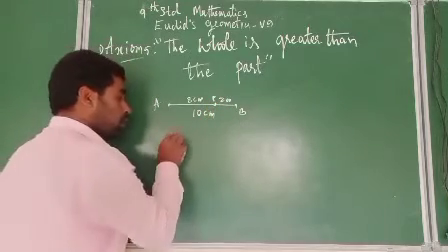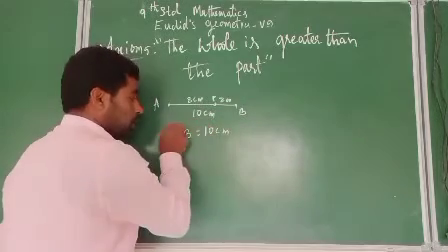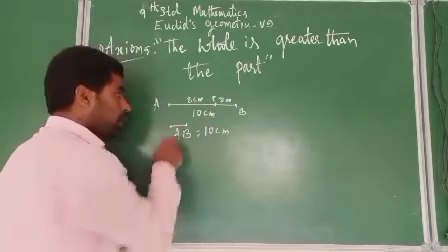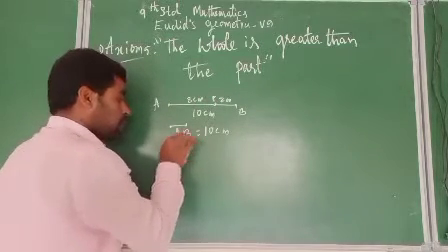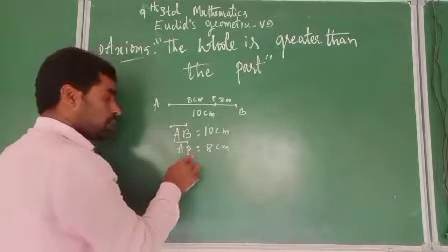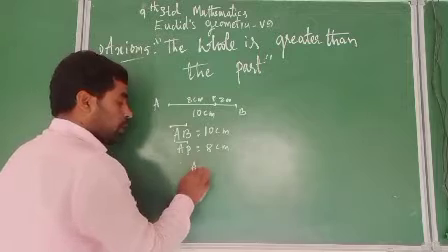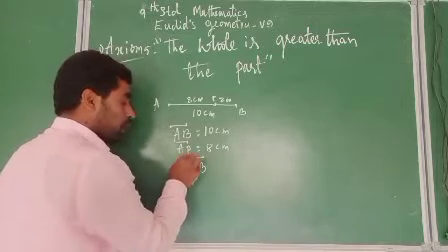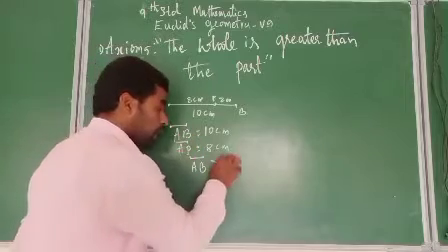Now AB is equal to 10 centimeter, and line segment AP is equal to 8 centimeter. Is 8 centimeter greater than 10? No. Here we can conclude that the whole AB is greater than the part AP.